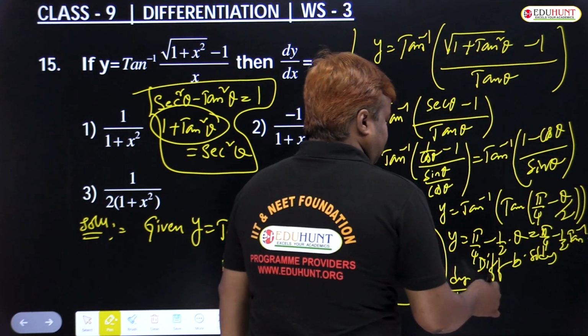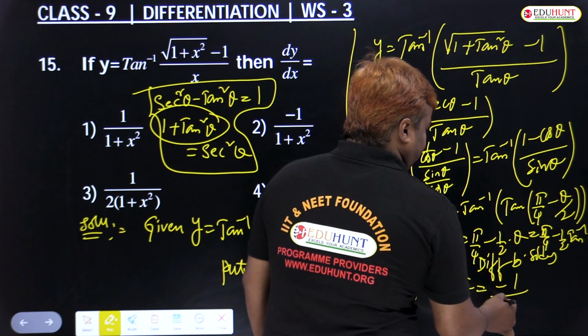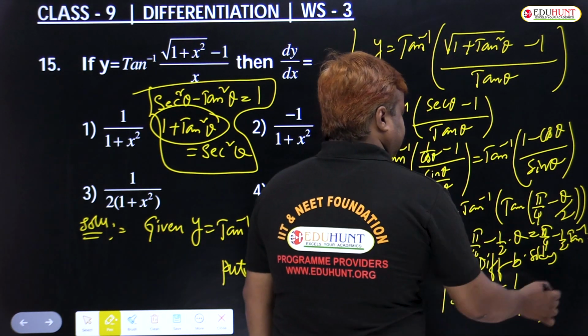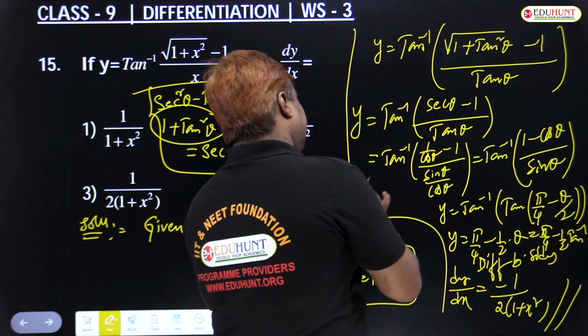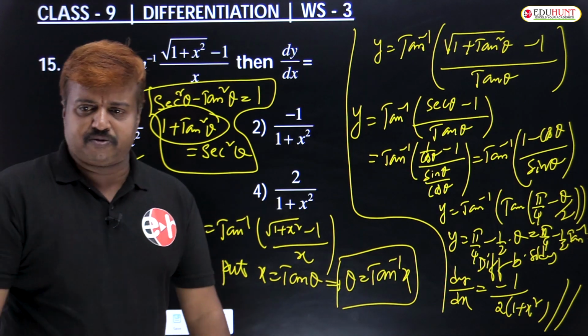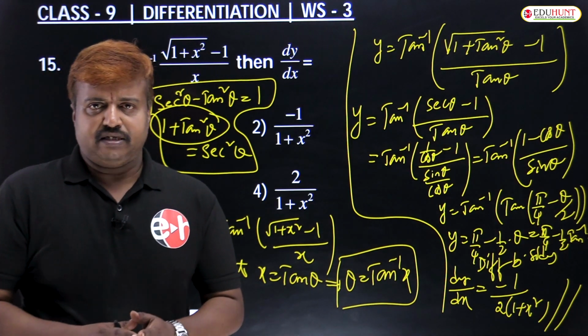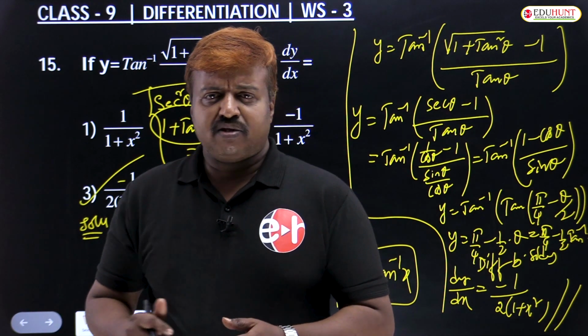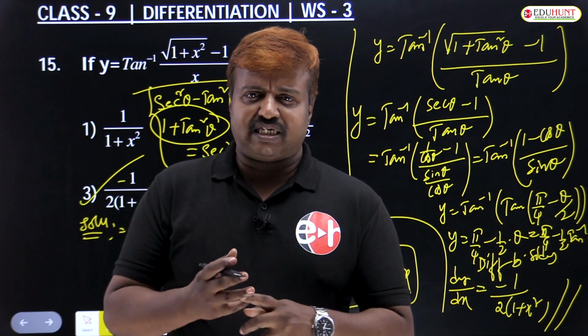So now I will get minus 1 by 2 into 1 plus x square. So now this is the final answer for the 15th one, which you can find in the third option.